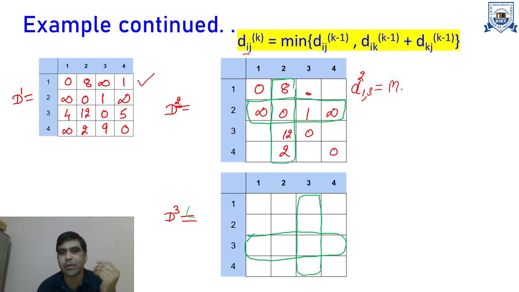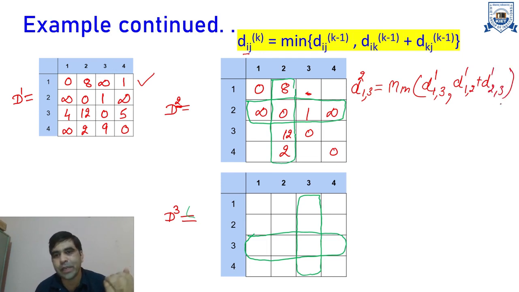We find out the minimum of D1 of 1 to 3, which is the direct edge, and then D1 of 1 to 2 plus D1 of 2 to 3, means we are taking 2 as an intermediate vertex. We have to look for 1 to 3. First we see what is the direct edge weight, and then we'll see what is the indirect edge weight which goes through the intermediate vertex 2.